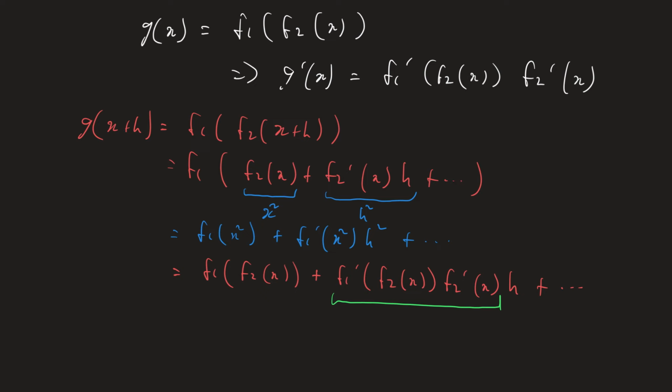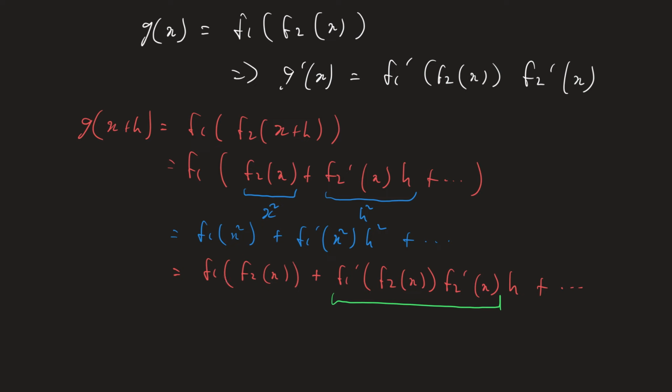The trick to seeing what's happening, let me call this term x tilde and let me call this perturbation h tilde. So in effect I've got f1 at x tilde plus h tilde. Applying my Taylor series for f1 about x tilde, I get f1 at x tilde plus the derivative of f1 at x tilde times the perturbation h tilde.